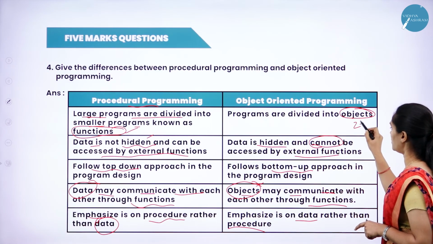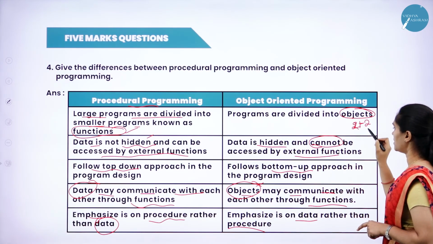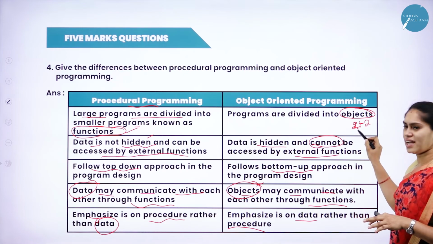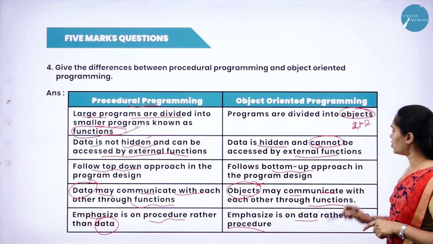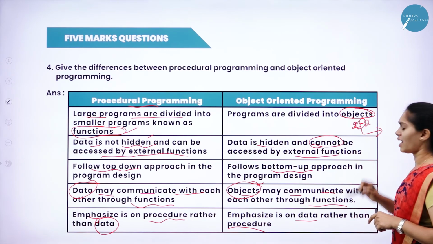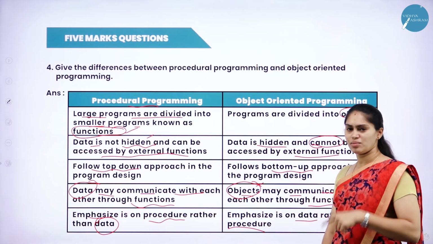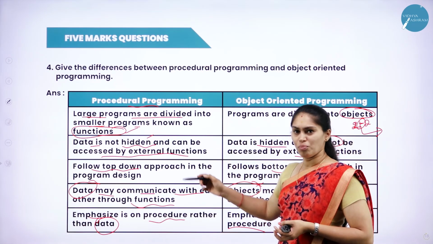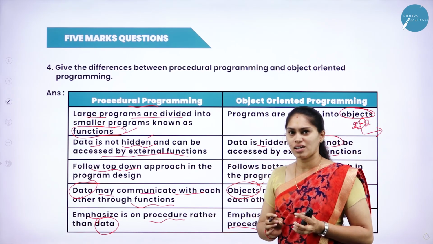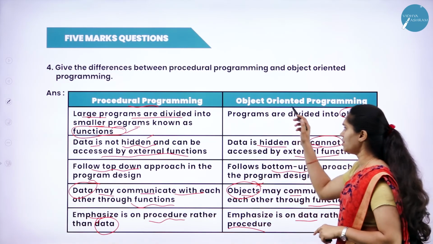Take an example of 2 plus 2. In OOP I am bothered about what kind of data I am taking. But in procedural oriented programming, I take care of what kind of operation I am doing, whether addition or subtraction. That function is the concern in POP, but on what data I am operating is the concern in OOP.